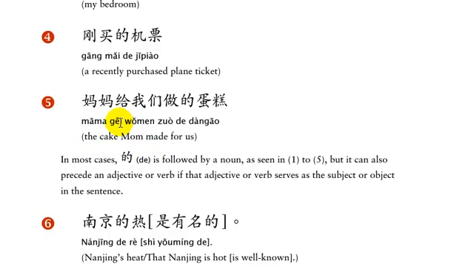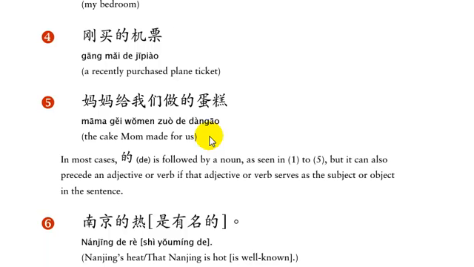妈妈给我们做的蛋糕. The cell phone I bought yesterday. The cell phone I bought yesterday is broken. Okay, so the cell phone I bought yesterday. So you have cell phone, 手机. And what cell phone is it? It's a cell phone I bought yesterday. So it's going to be 我昨天 I yesterday, 我昨天买的手机, I bought yesterday the phone.